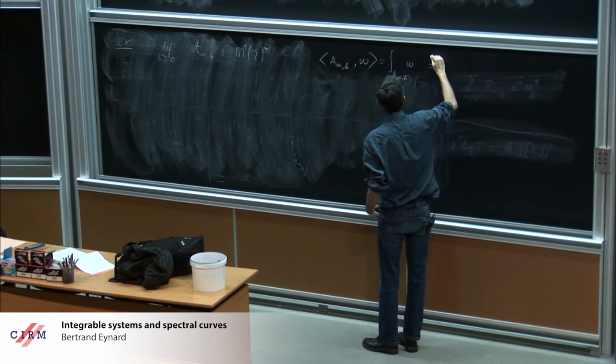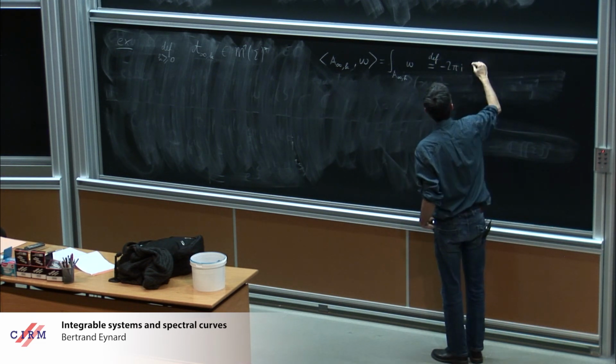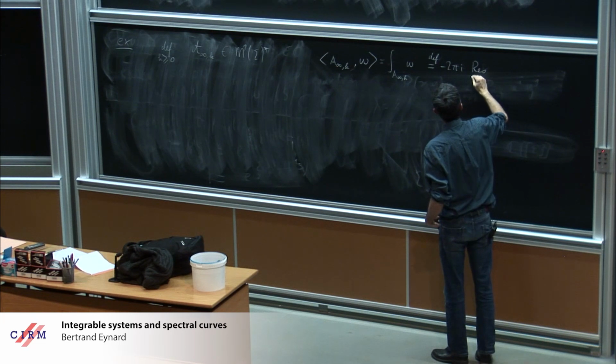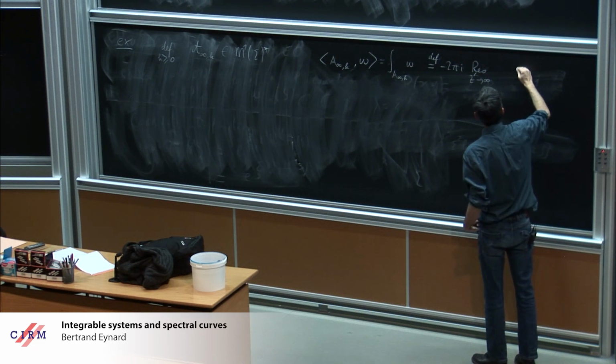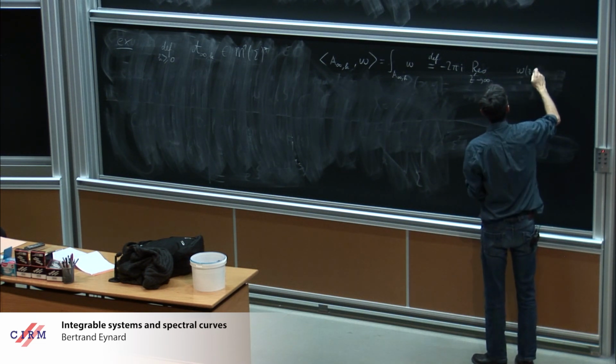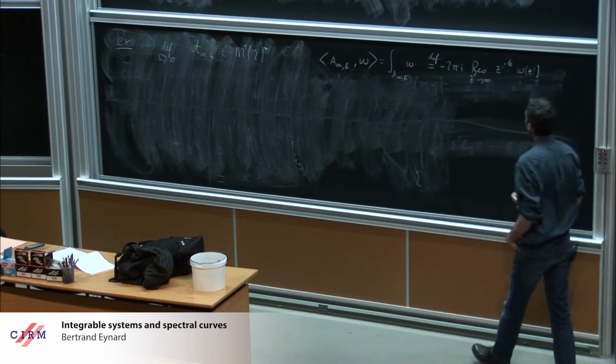By definition here, it will be minus 2 pi i residue when z goes to infinity, let me call it z prime, of omega of z prime multiplied by z prime to the power minus k.